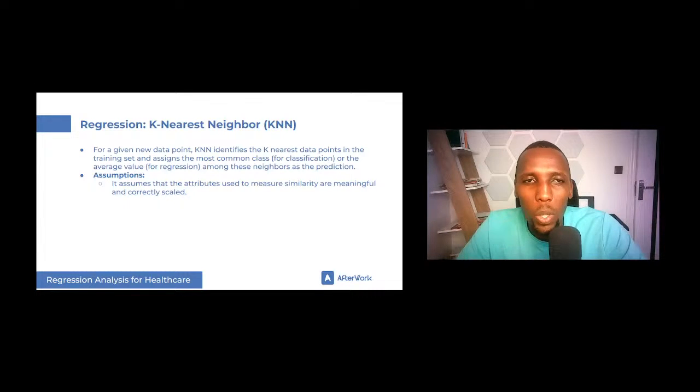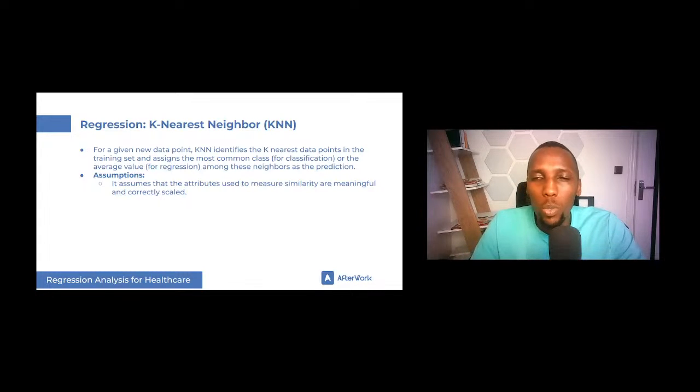So it looks at, all right, for this new record, it's much closer to maybe three of these records in terms of distance. Then it would get an average score of those particular target values and use that as the value for that new record.